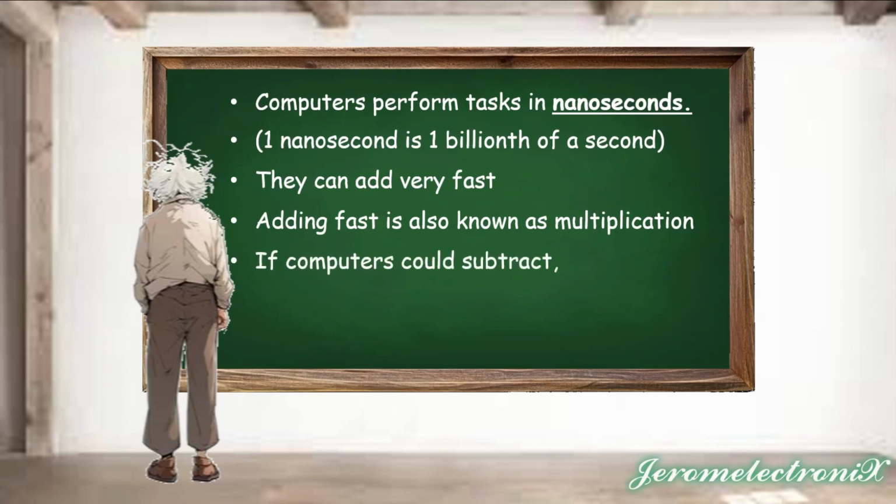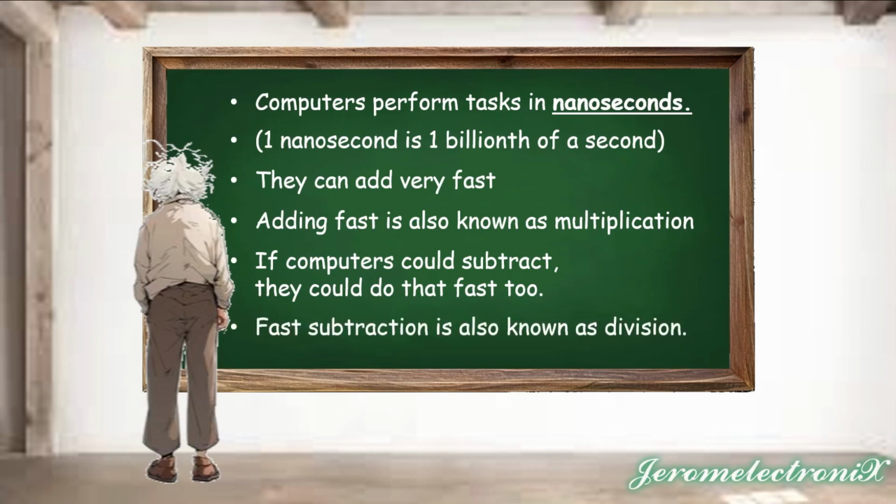But subtracting, back in the day before they could subtract, they could also do that fast too, if we can figure out how to make them do it. And fast subtraction is also known as division. So once we have addition down and subtraction down, we also have multiplication and division down.